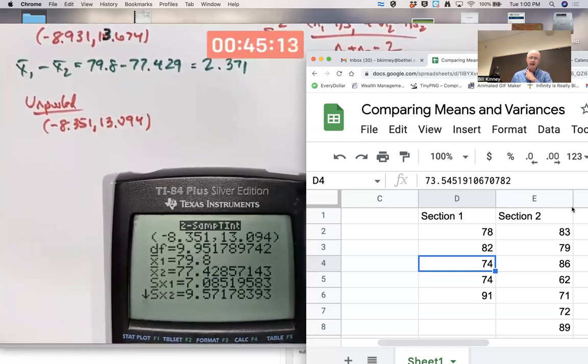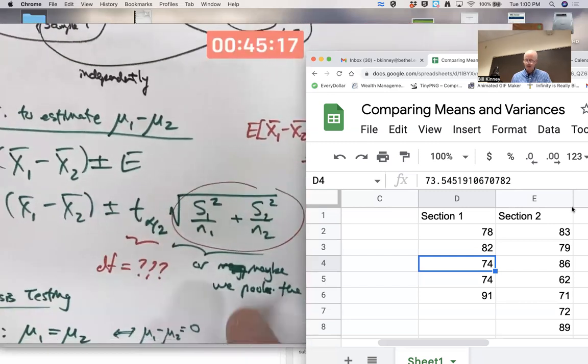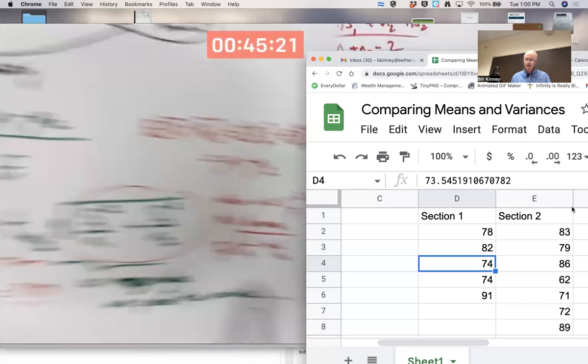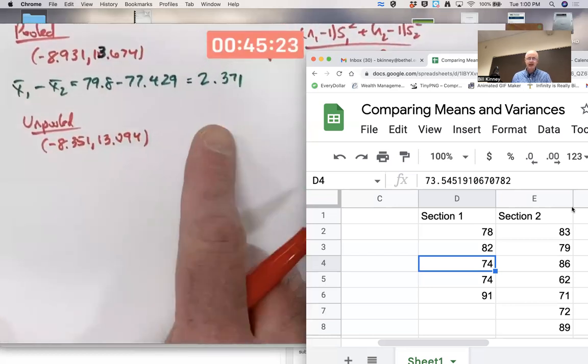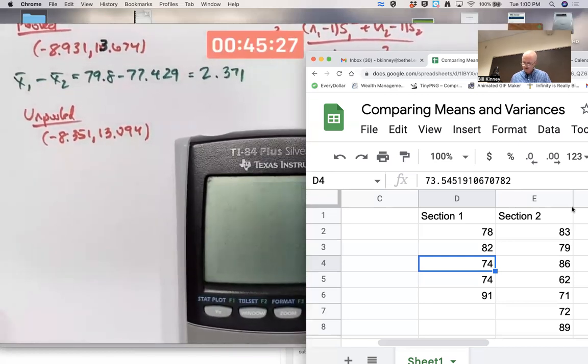But because we're not pooling here, it changes this enough that we actually get a smaller interval. This difference is still the same, but now the margin of error is a bit smaller. 13.094 minus 2.371. Our margin of error is under 11 this time.